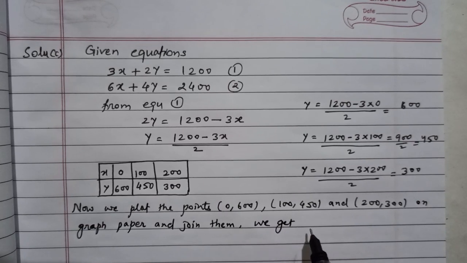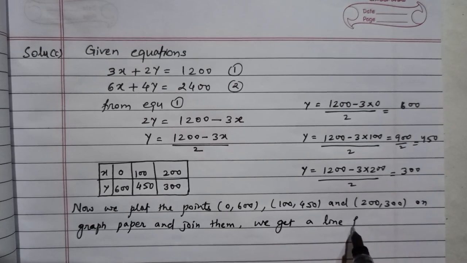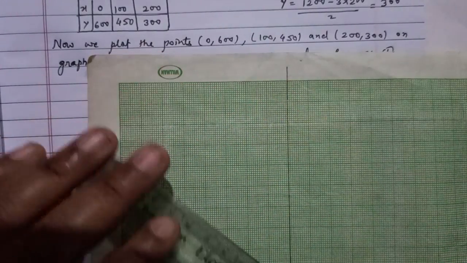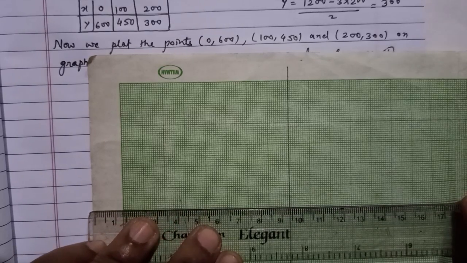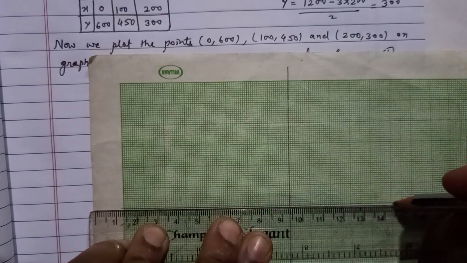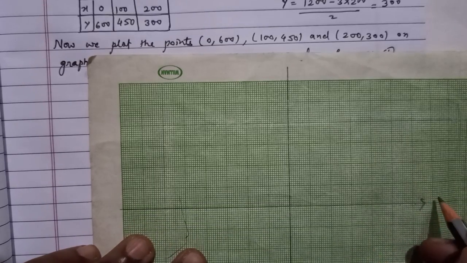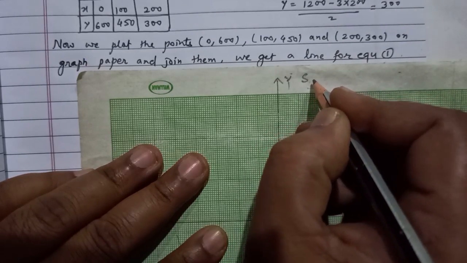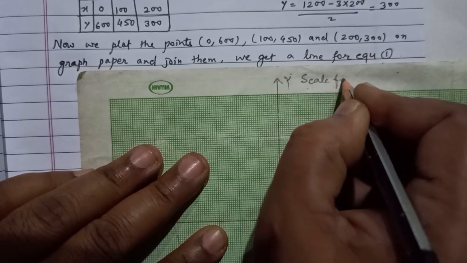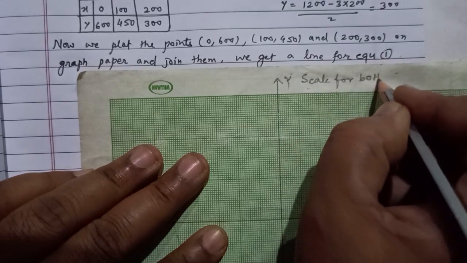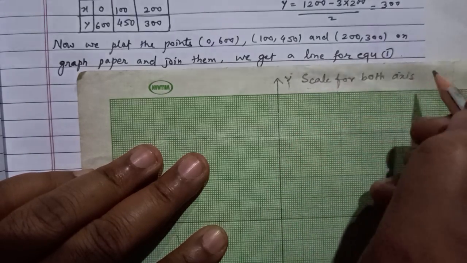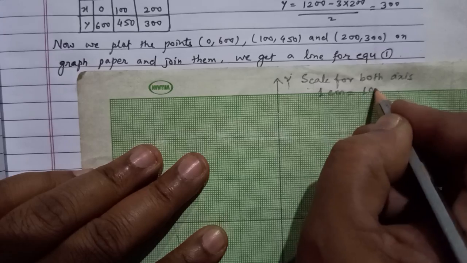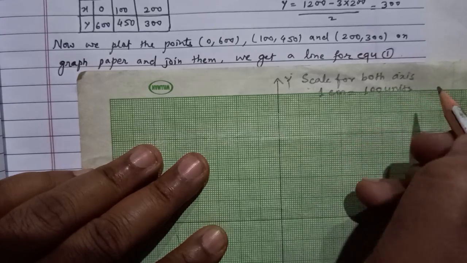We get a line for equation. Scale for both axes. 1 centimeter equal to 100 units.